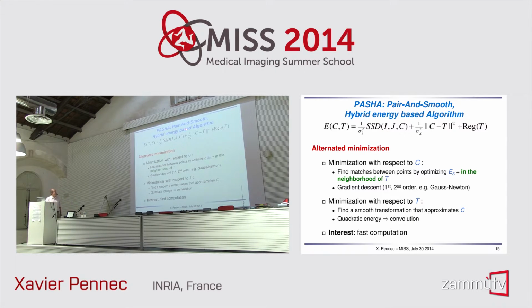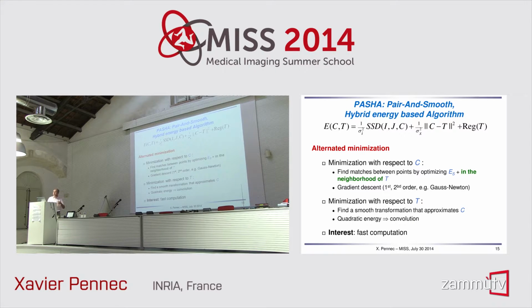If we optimize over C, you see that we basically just have to optimize this part of the criterion, and we don't have to care really about the regularization. It's just a least square here. So we are going to end up with a much simpler criterion to solve, which is almost a least square. We're going to see that in one minute.